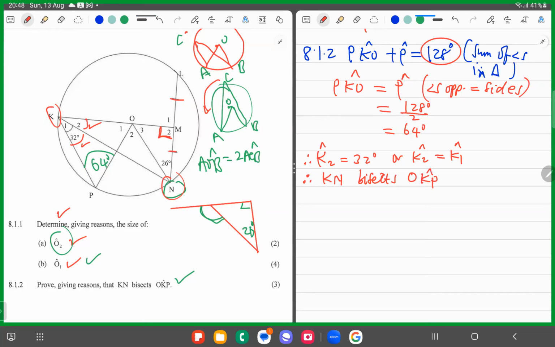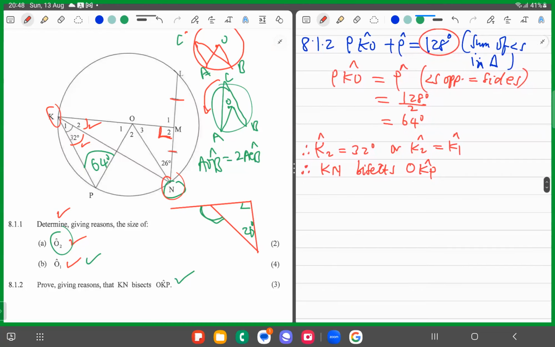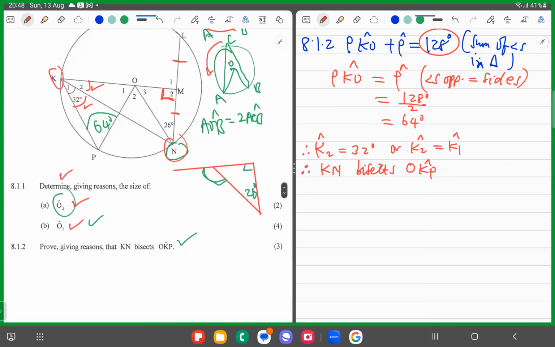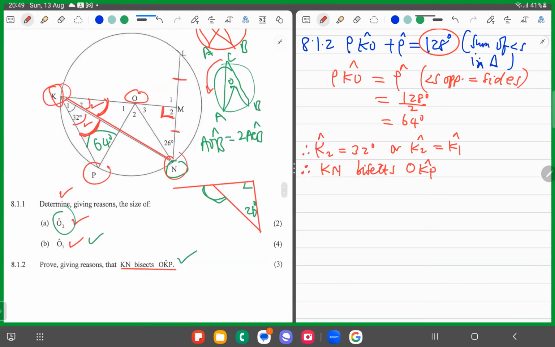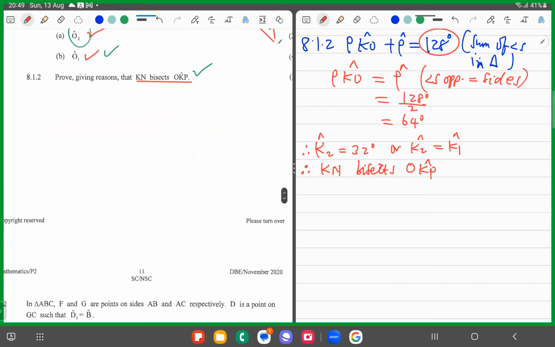KN bisects OKP. Okay, so we had to prove that KN bisects OKP, and you can see that KN is this one here. It bisects OKP because it cuts this angle into two equal angles. Okay, that takes us to the end of question 8.1.2.